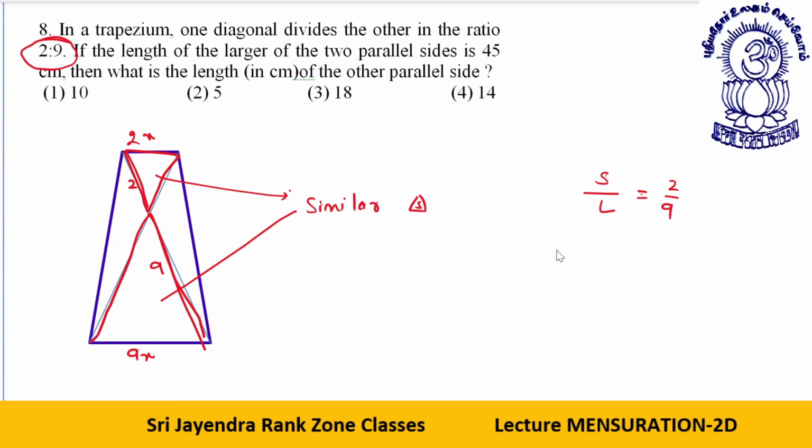Smaller side you need to find. The larger side is actually 45. This is 2 by 9. You cancel 9 with 45, you get 5. So the smaller side is 2 into 5 or 10 centimeter. Do we have any such option? Yes. Option 1 is the answer. Am I clear, my dear students?